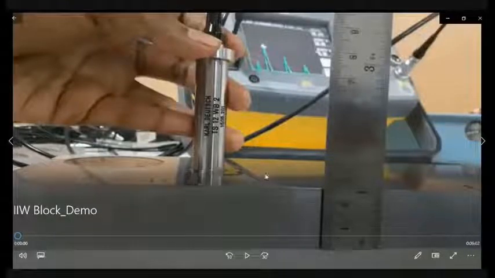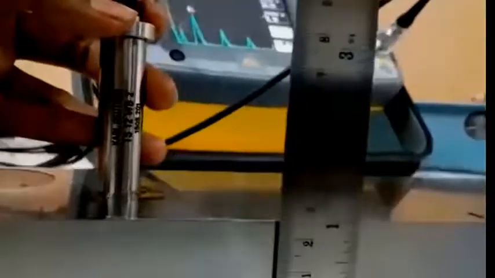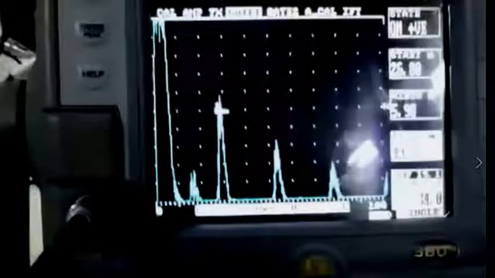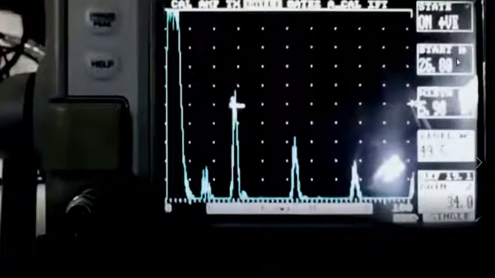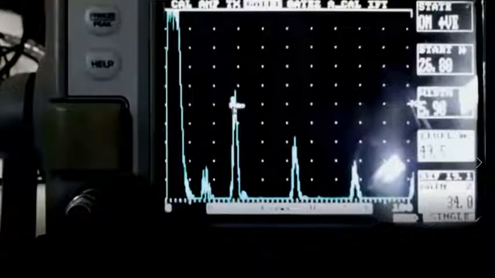So this is what is shown over here right now: this particular transducer is being calibrated for depth using this 25 mm thickness of the block. Can you see this? I have put a marker, this white colored thing over this peak.